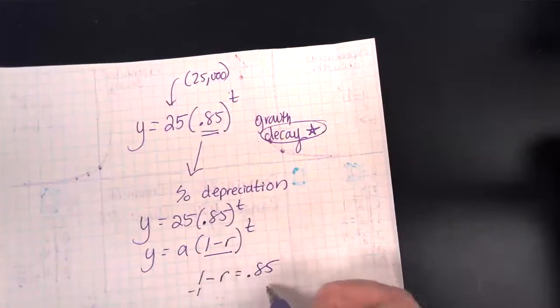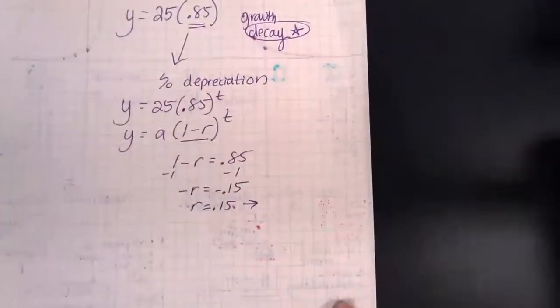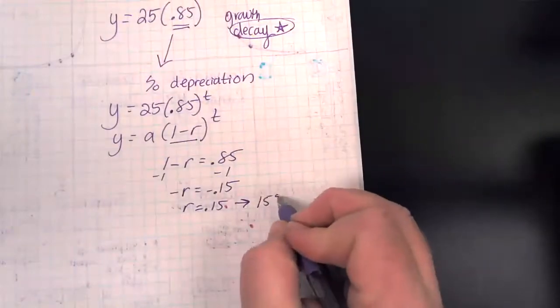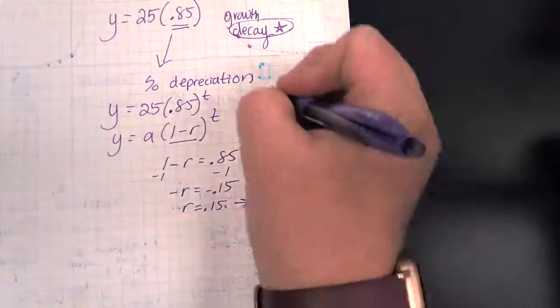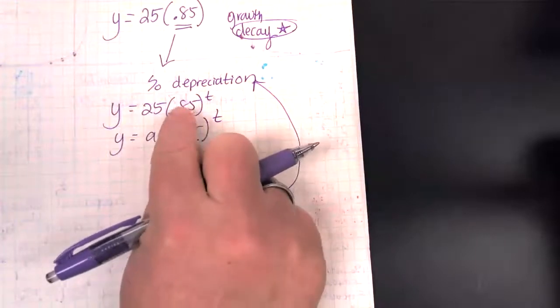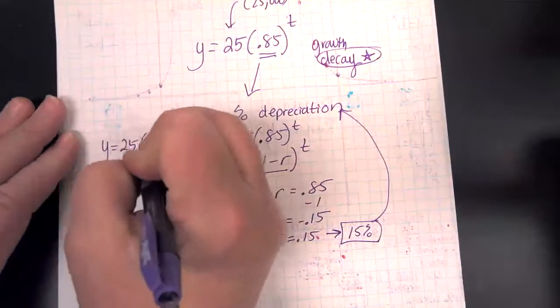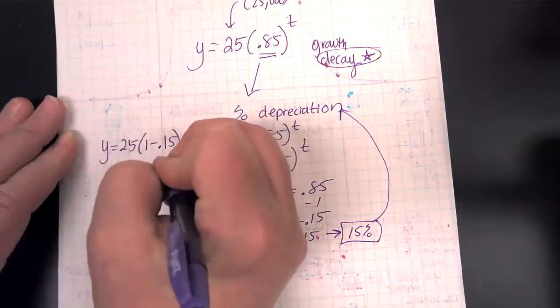Well, if you do that, you soon realize it's 0.15. What is that in a percent? Well, that's 15%. So your depreciation rate is 15%. They just went and calculated it out. They didn't show you that. This is the same as if they wrote out the formula like this.